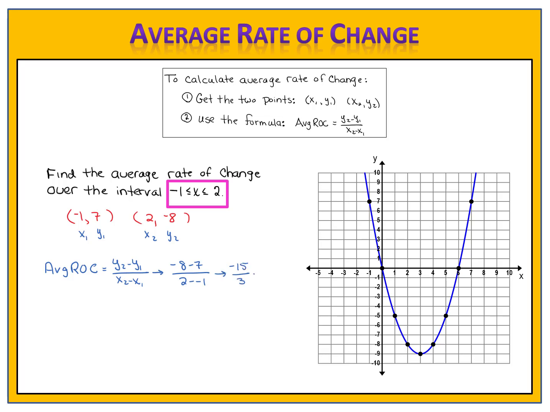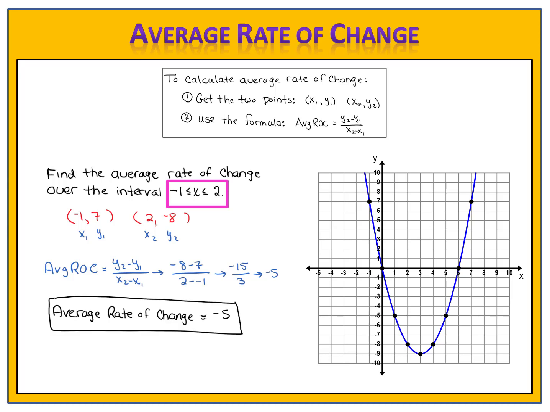In the numerator, -8 minus 7 is -15. In the denominator, 2 minus -1 is equivalent to 2 plus 1, which is 3. Simplify the fraction, -15 divided by 3, and you get -5. The average rate of change for this function over the interval from -1 to 2 is -5.